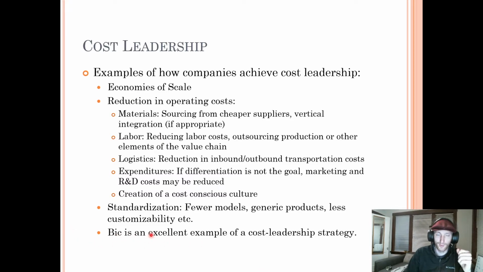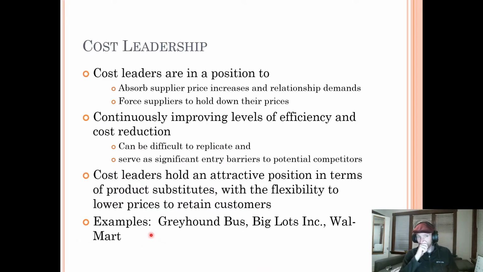It's really cool stuff. Cost leaders are good because they are in a position to absorb price increases, or because they're buying such a huge volume of products, as in the case of Walmart, that they can actually force suppliers to hold down their prices.